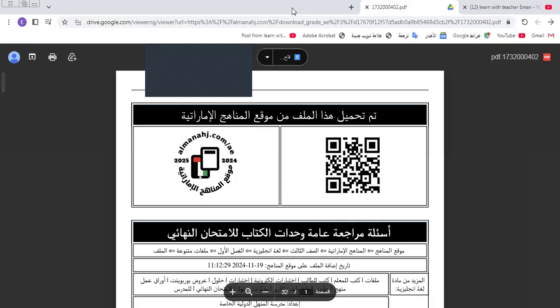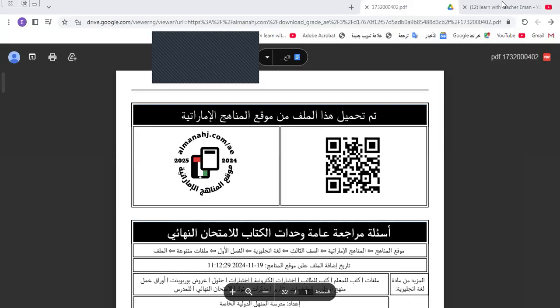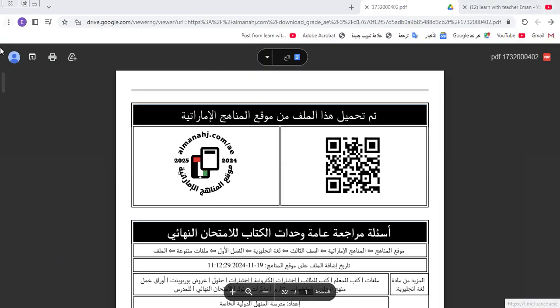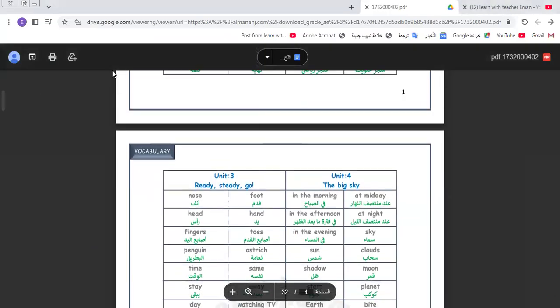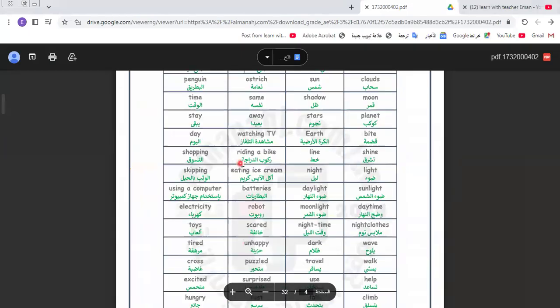Let's go to the booklet, where I would like to revise what we took here.